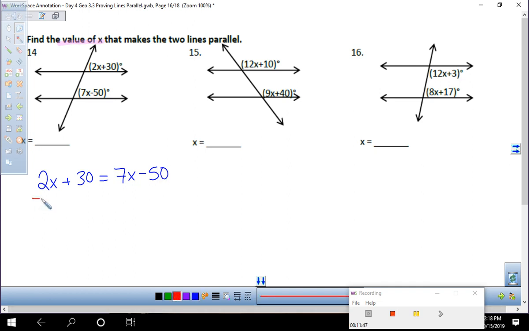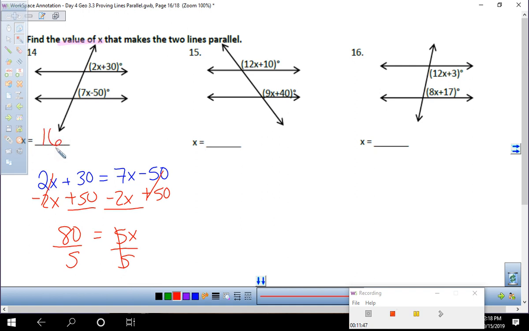And then I need to solve, so subtract over 2x, add over 50. So we get 5x equals 80. And when I divide by 5, x ends up being 16.